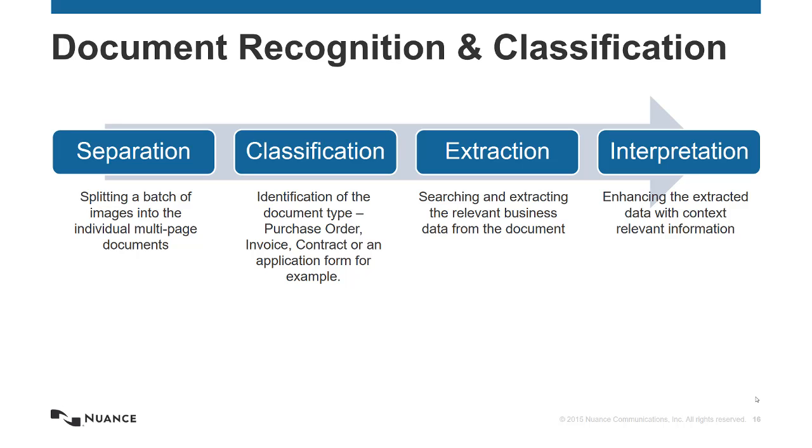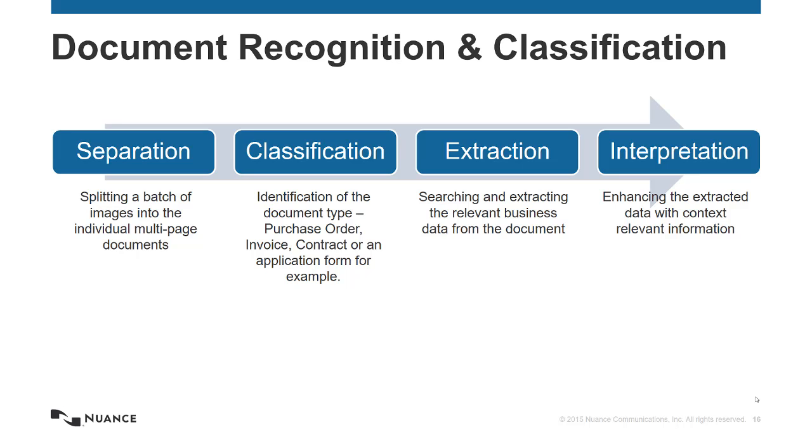Using those features, we also classify and create the document type. This is the identification of what the document is and what it means to the business, whether that's a purchase order, an invoice, a contract, an application, or just plain correspondence, for example. We need to understand the features of those documents to enable the classification into a document type.